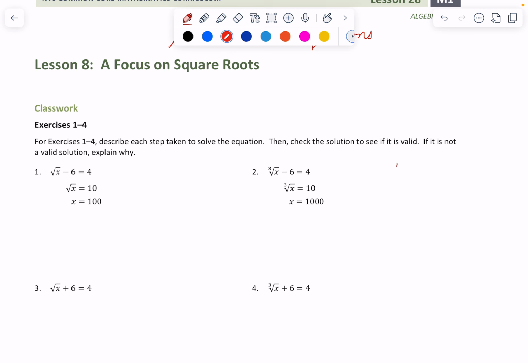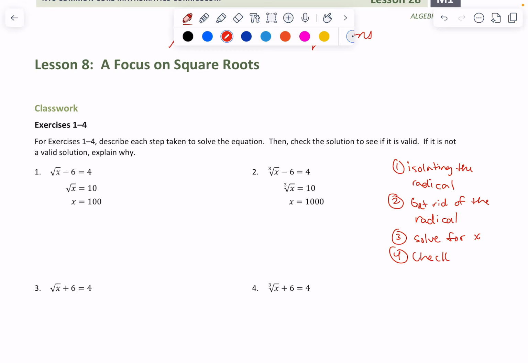And we noticed that in both cases you began by isolating the radical, then squaring or cubing or raising both sides to the fourth power, depending on what the root was, to get rid of the radical. Then you would continue to solve for x, and then the last and most important is to check your answer to make sure that it's not an extraneous solution, okay?